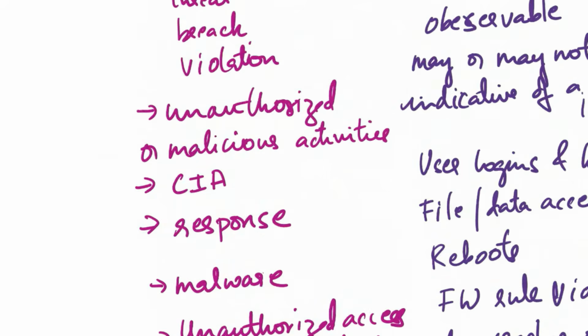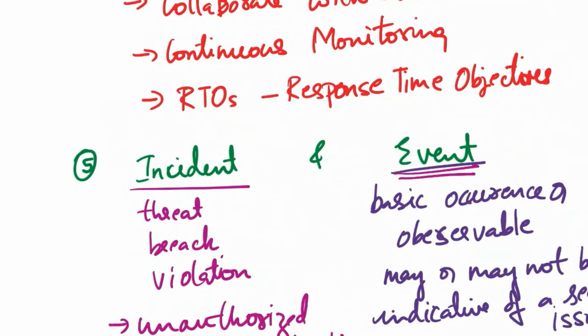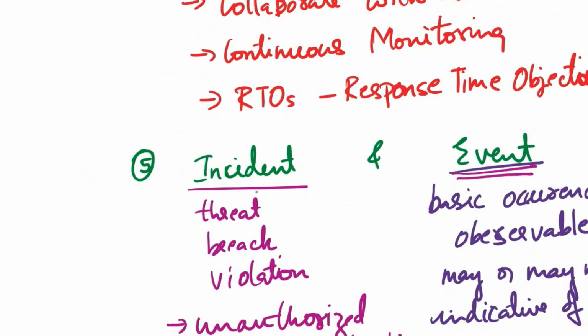Okay, so in summary, events are raw data points that can be harmless or security related, but incidents are specific security related events that have been analyzed, identified, and require action or investigation.